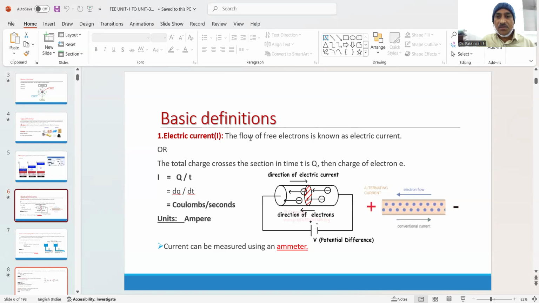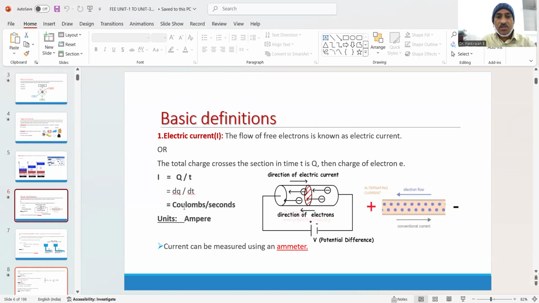Whenever we get the word rate of, it means whatever quantity we are speaking about is getting varied with respect to the time period. Here the quantity is charge, getting varied with respect to time t. So current I equals the rate of flow of charge carriers, Q by T.